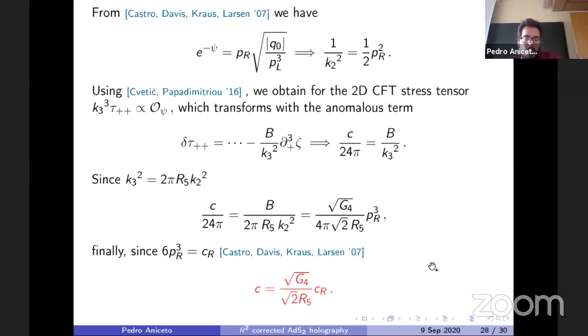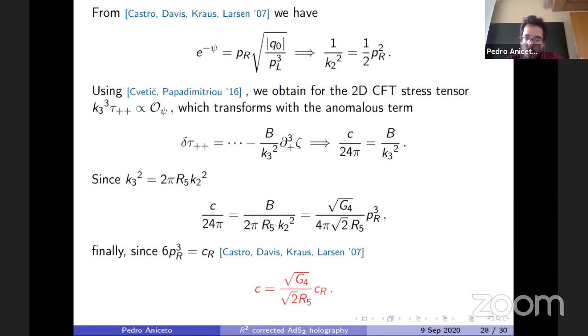I'm just mentioning this because, as you can see, even though we have an irrelevant operator in 2 dimensions that is basically being suppressed in the infrared, it still captures the relevant physical information that one would have found from the reduction of AdS3 to AdS2.